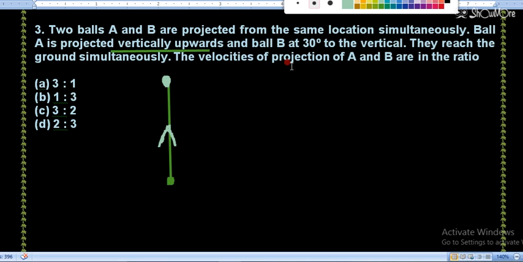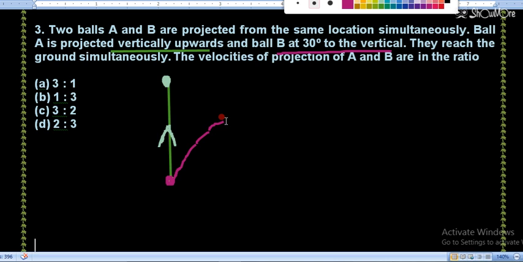Now the other body is projected from the same point. Let's suppose that is B. It is projected at 30 degree to the vertical. Sir has also discussed this thing: the body can be projected at some angle with the horizontal, and also with the vertical.